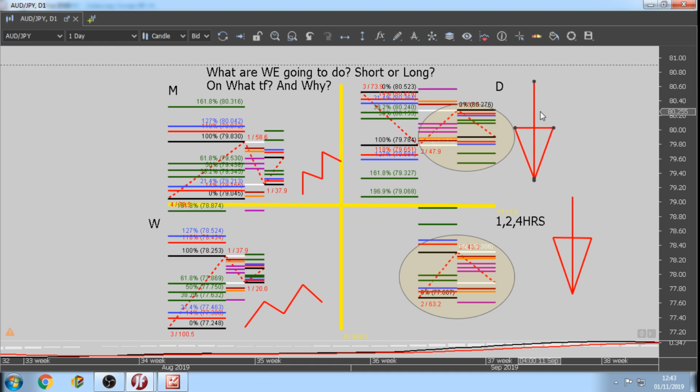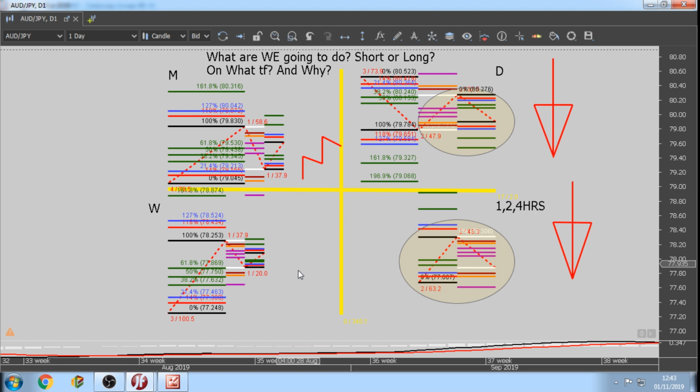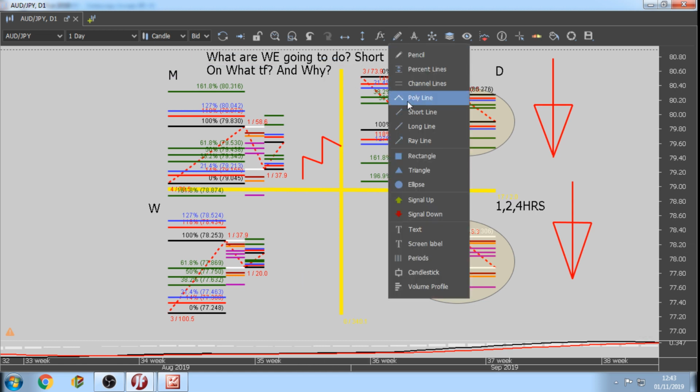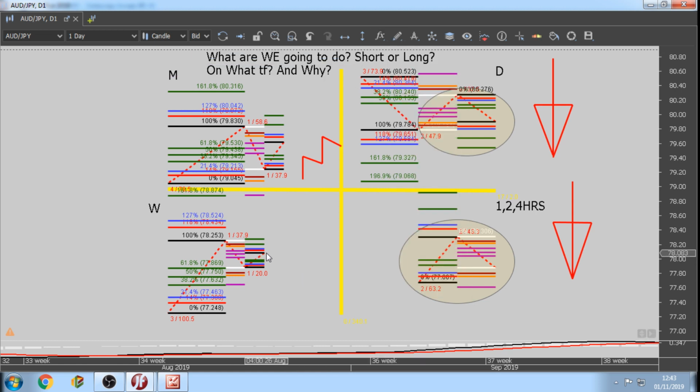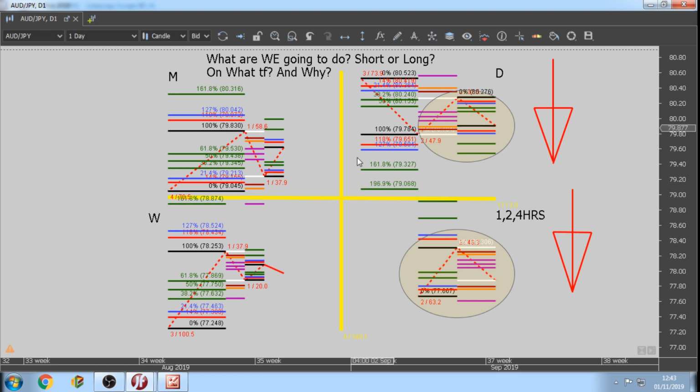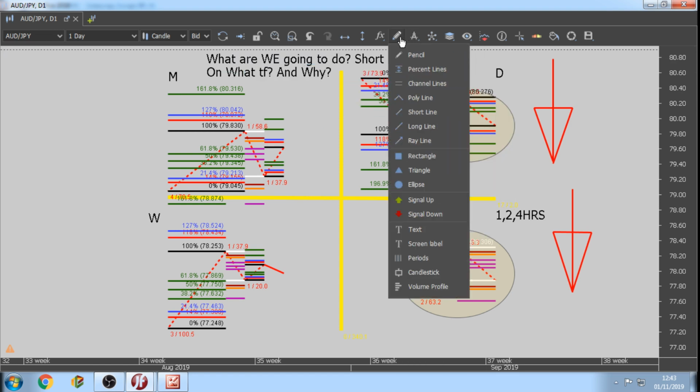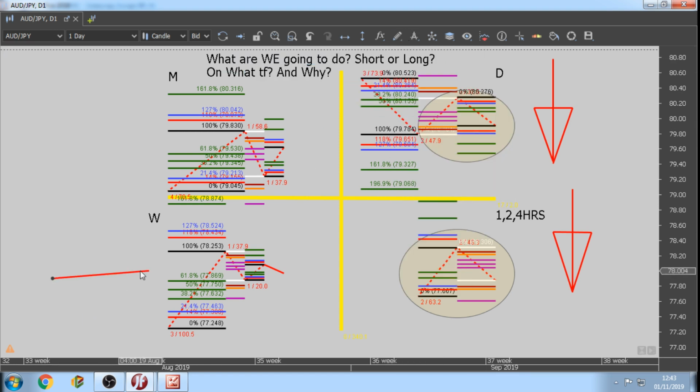Now before this, let's check how the daily relates to the weekly. So on the daily, where is the greatest chance of success? And I should draw something like this. Now the daily original Fibonacci, the weekly original Fibonacci is up.